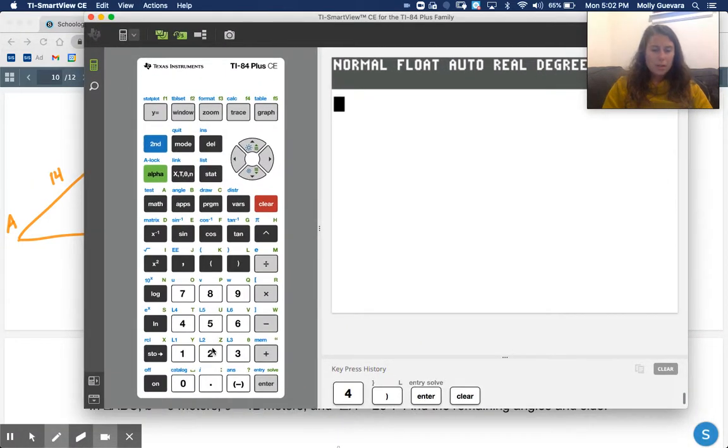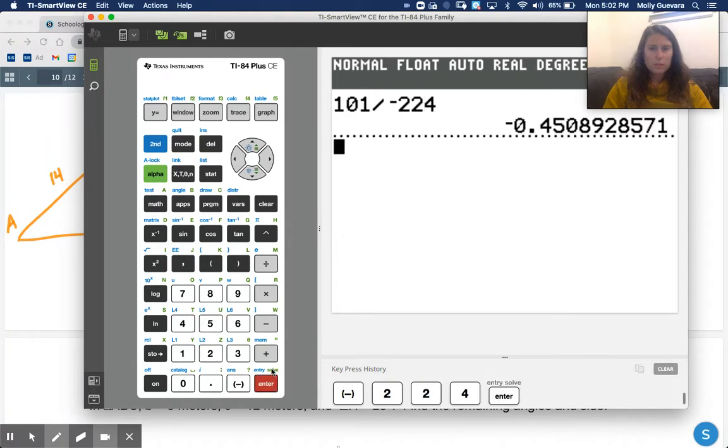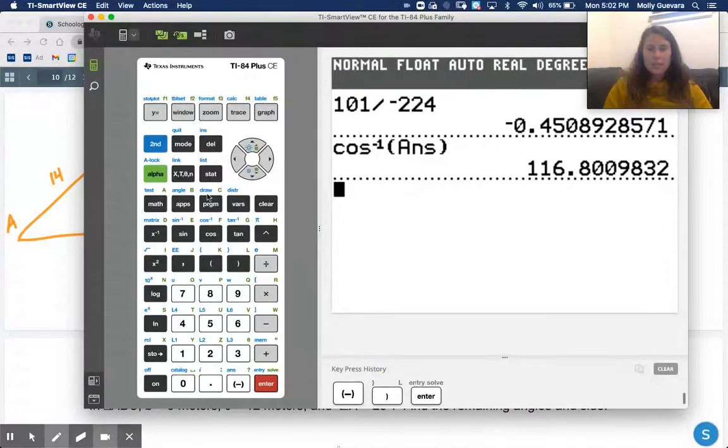I did 101 divided by negative 224, and then I took the cosine inverse of that answer. And that's how I got this. I'm going to go ahead and store this under C.